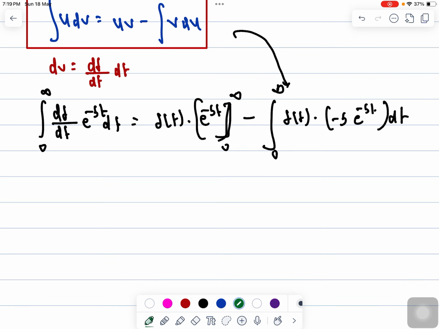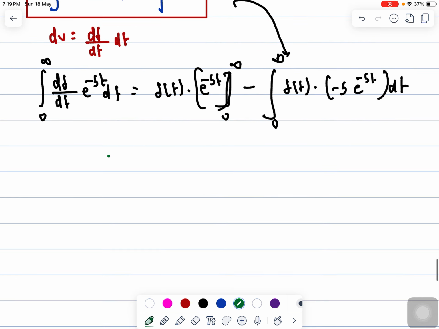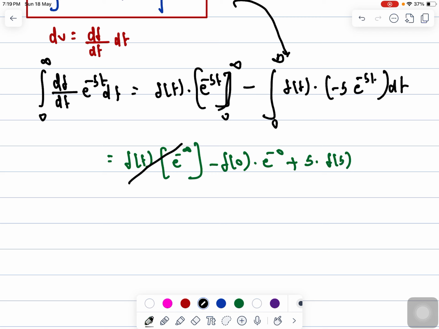If you expand these things and substitute the limits of integration, we will get f(t) into e to the power minus infinity, minus f(0) into e to the power minus 0, plus s into F(s). The first value would be equal to 0.